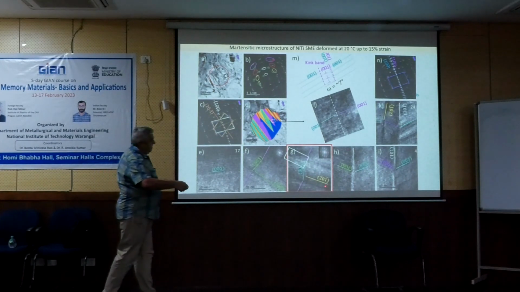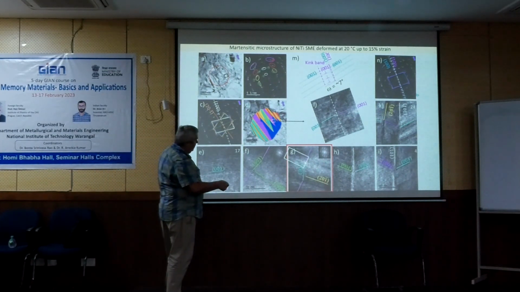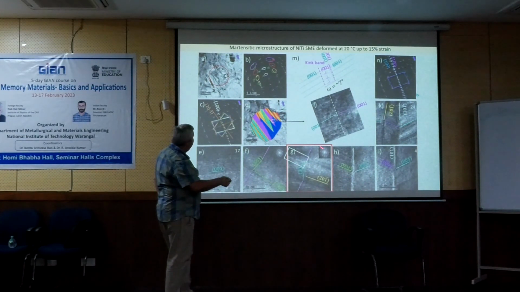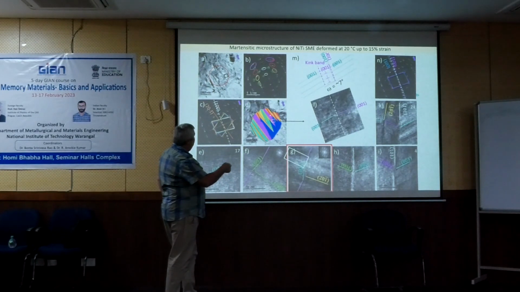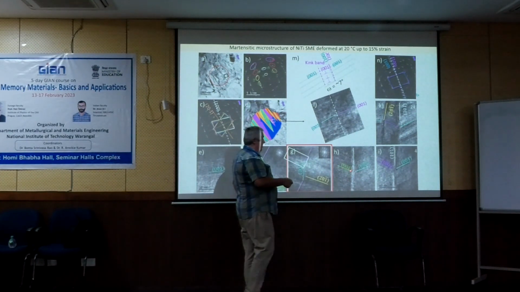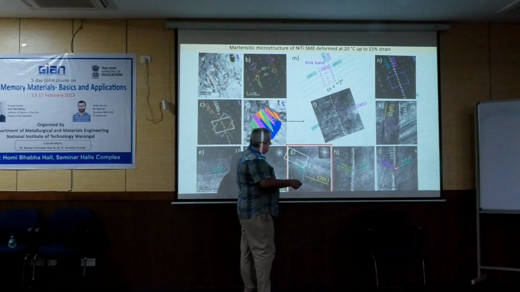Another twin is here, which is the (20-1) twin. Again, it is mirror symmetric against this plane. But any other interface which I have here, you will find there is a mirror symmetry of (001) planes. The angles could be different, but in each case there is a mirror symmetry.